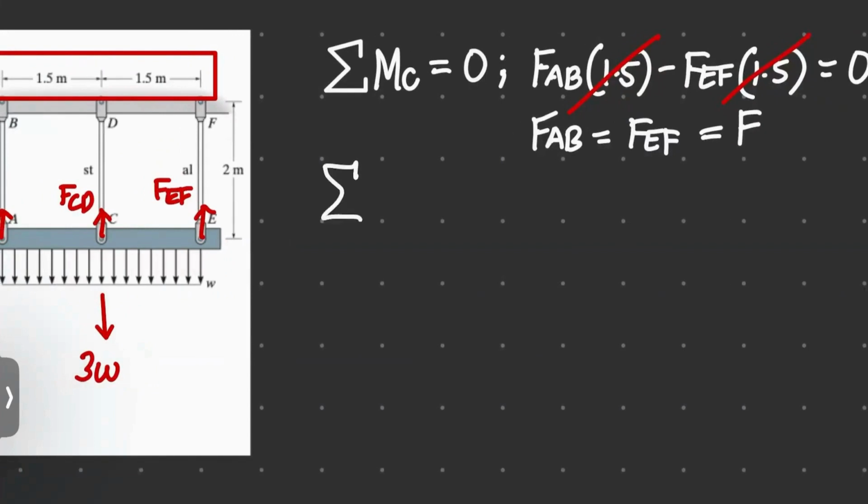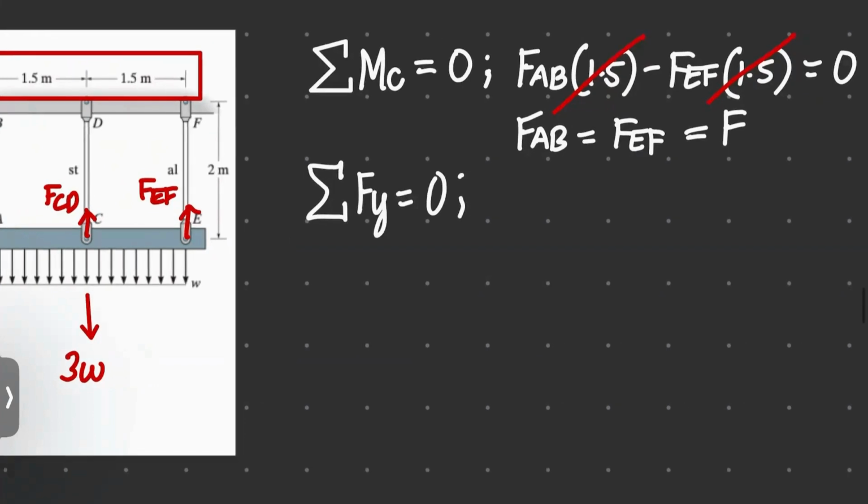Next, let's get the summation of our Fy forces, or forces along the y-axis rather. Let's set up a convention where the positive values are those that are upward while negative are those that are downward.